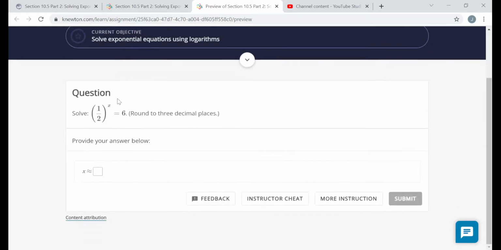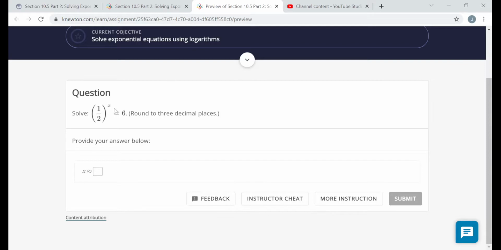Alright, so this question, along with all the questions in this particular assignment, is related to the objective solve exponential equations using logarithms. So the key to this section, the key to this assignment, is remembering how to go back and forth between exponential form and logarithmic form.